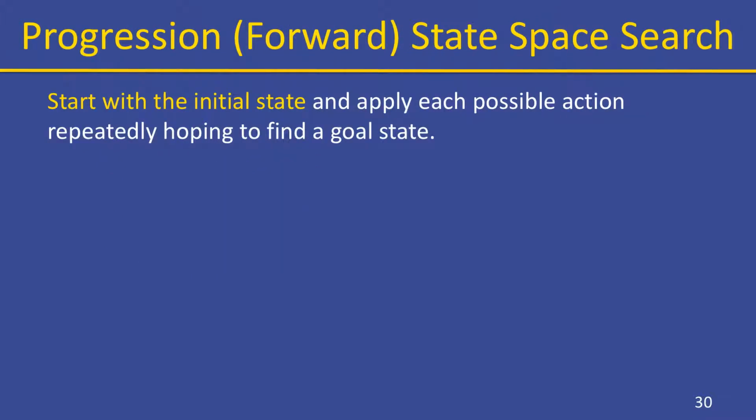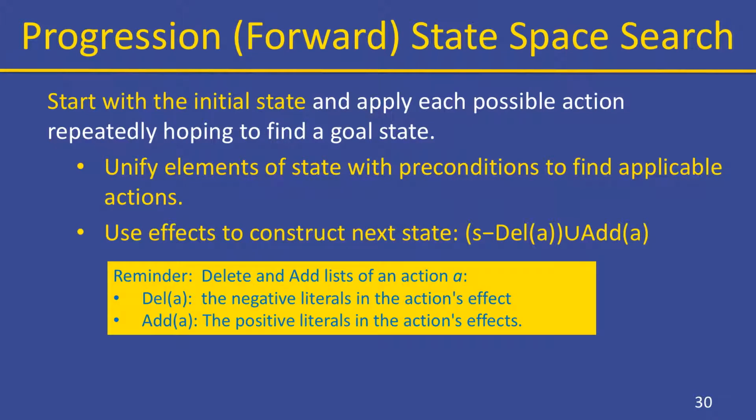So let's start with the progression search. This is also called forward search. We start with the initial state and we apply each possible action repeatedly, hoping to find a goal state. So we unify elements of state with preconditions to find applicable actions, and then we use the effects to construct the successor state.